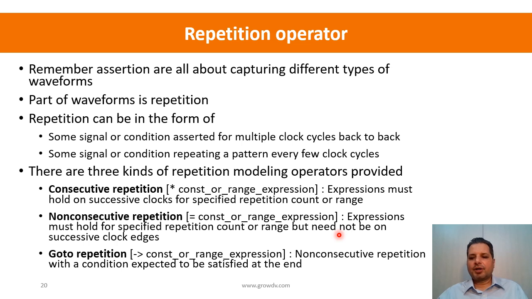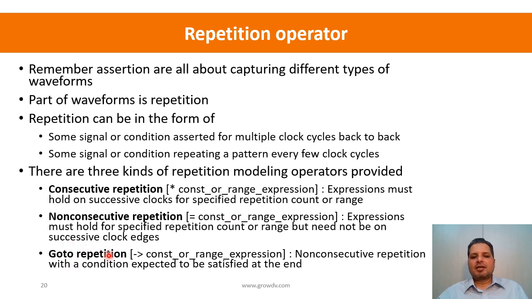So if I am putting a repetition for 4 clock cycles on a particular signal, it could be asserted for 1 clock cycle at one point, then go low, again go high, but essentially it happens 4 times. That's what we are looking for with non-consecutive. It need not be on back-to-back clock cycles.